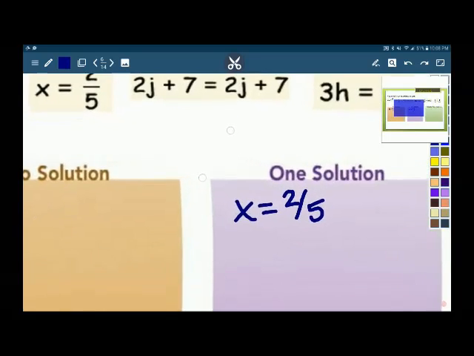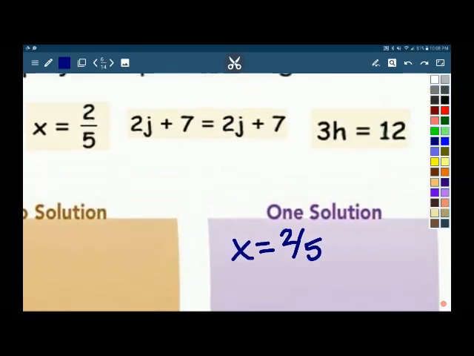Now let's look at the third equation here. I see the exact same thing. 2j plus 7 is equal to 2j plus 7. That is actually structurally an infinite solution, okay? Because if we were to start solving by taking this 2j and moving it to the opposite side, we'd get 2j plus 7 is equal to 2j plus 7.